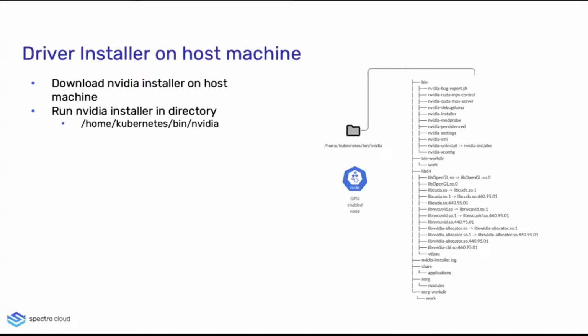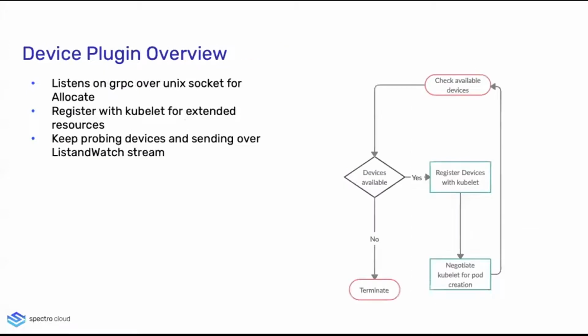Now let's take a look at the device plugin. So you have a device and you want this device to work with Kubernetes. You use extended resources to manage it in Kubernetes, but that's not the end. Kubernetes has defined a device plugin interface that allows the device plugin to manage these devices and interact with the kubelet, so that the kubelet on the node is aware of the devices and the capacity it has available.